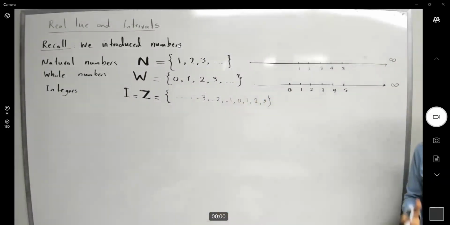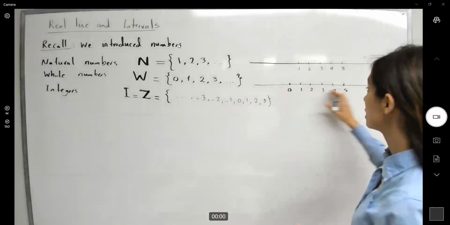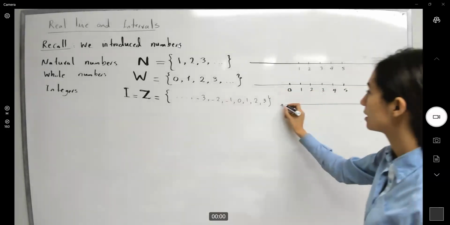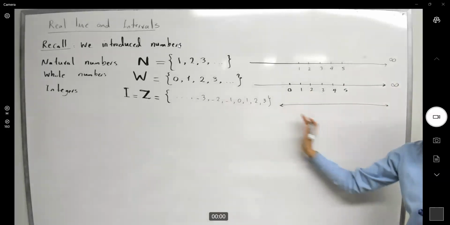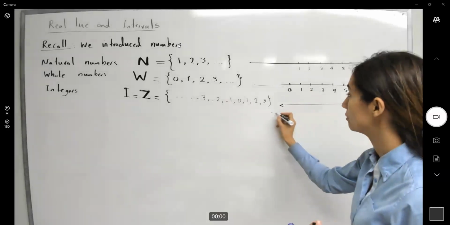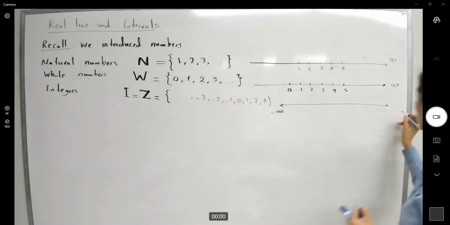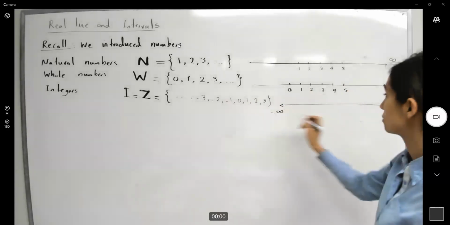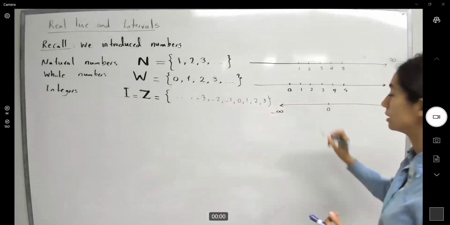So we are adding more numbers in this system. On the left-hand side, it reaches negative infinity, and on the right-hand side, it reaches positive infinity. It has 0, so let us put 0 in the middle.